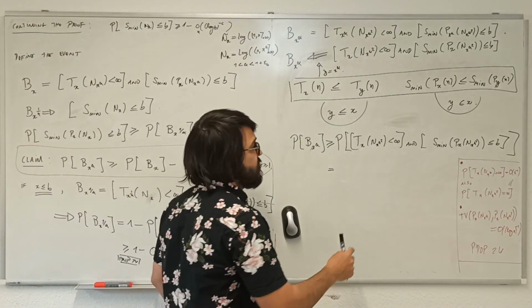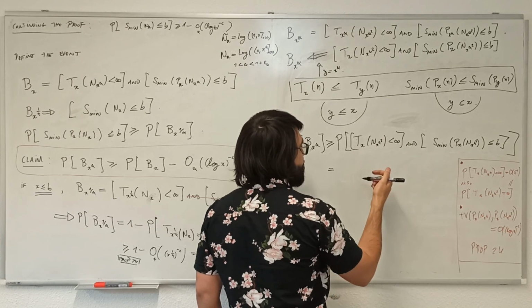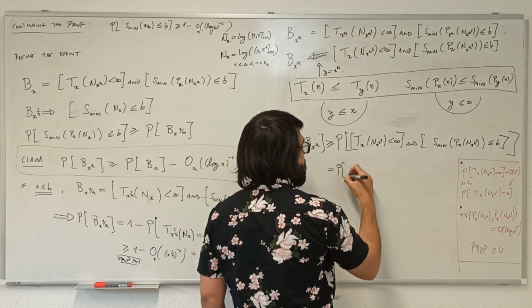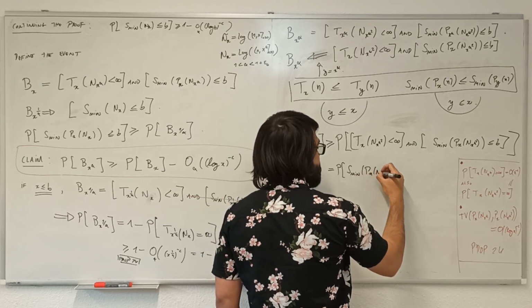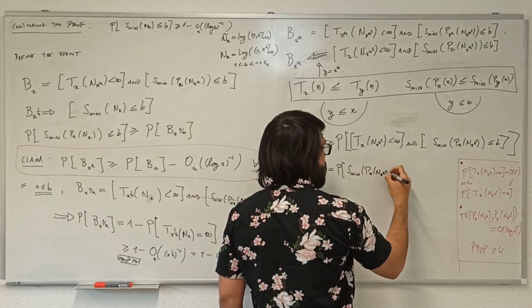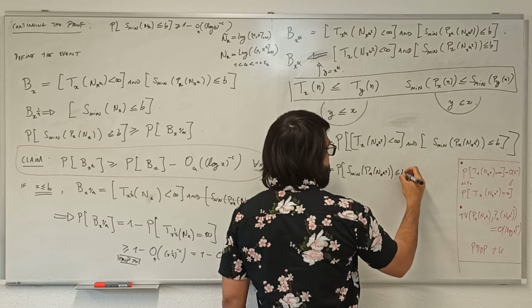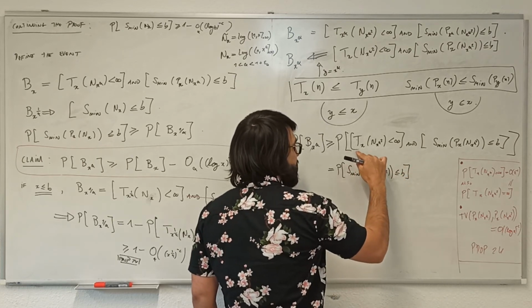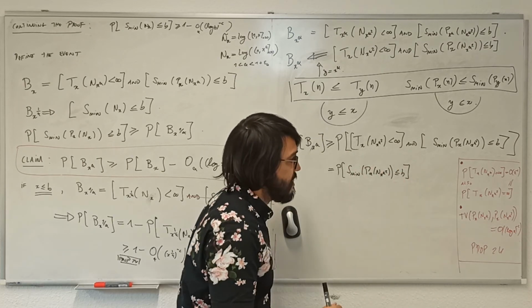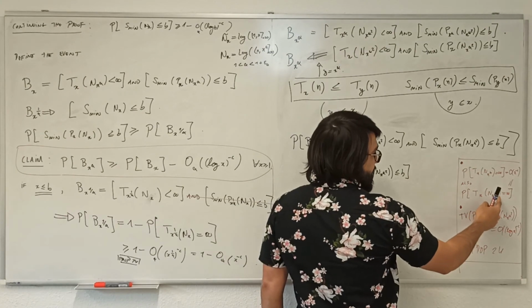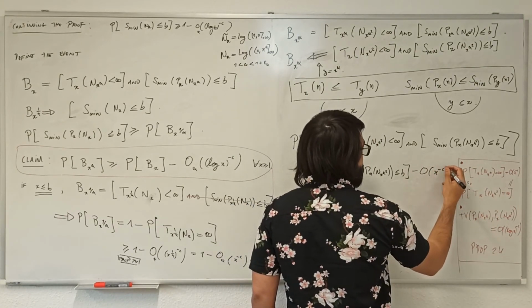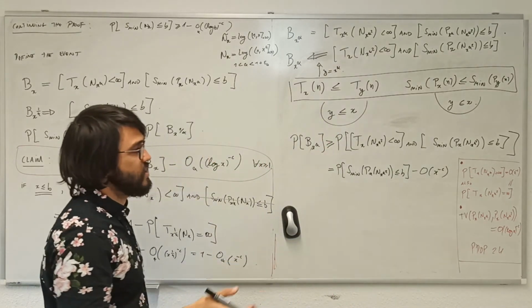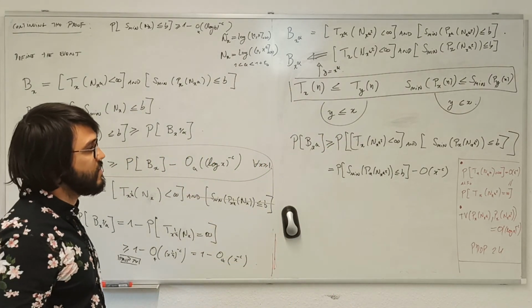Okay, so what I can do here is split this thing into the probability px x alpha squared less or equal than b minus the probability that this thing equals infinity, but this thing is O of x minus c, so I can put here O, which depends on alpha.